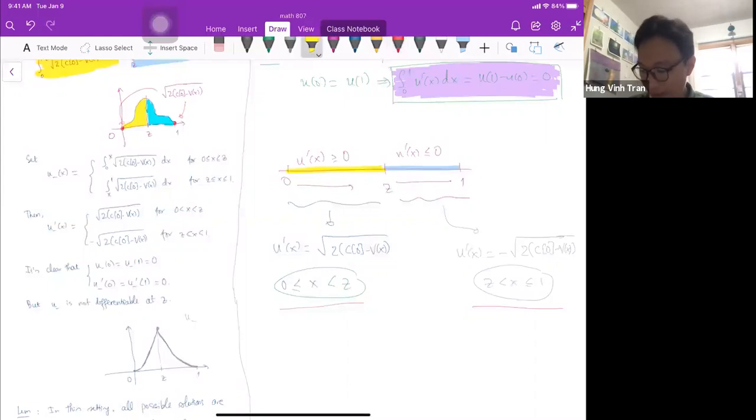So if I chose it that way, then I can just define u now. For x from 0 to z, I'm just integrating the derivative, and then for x from z to 1, I'm just integrating from x to 1 of this function.